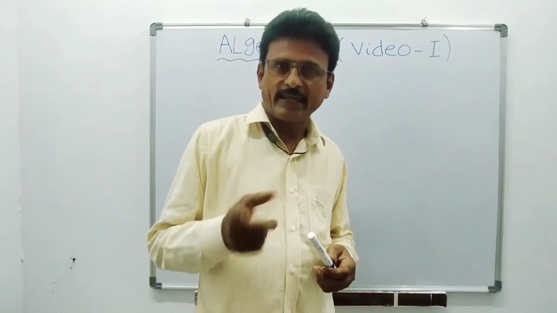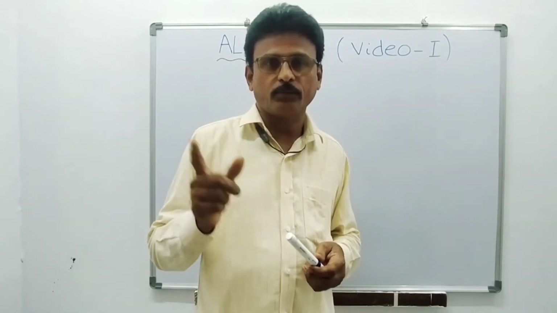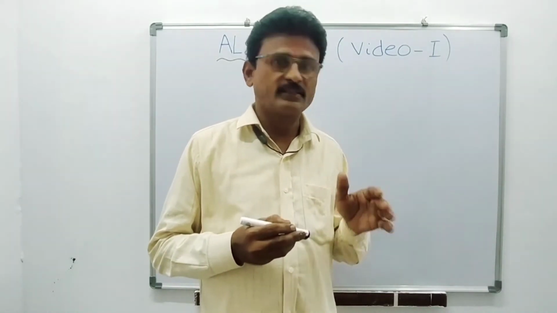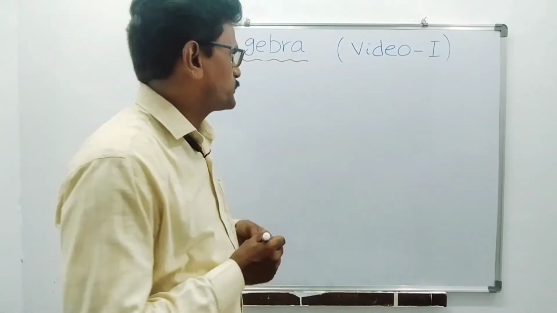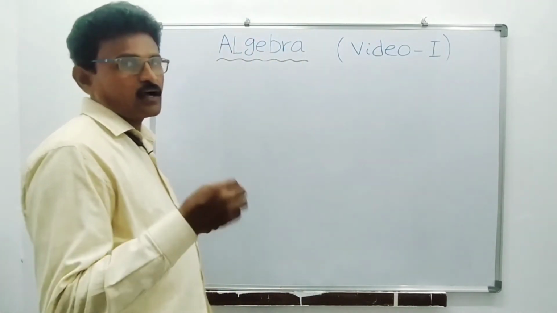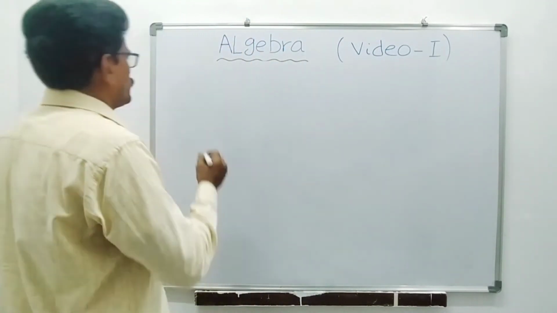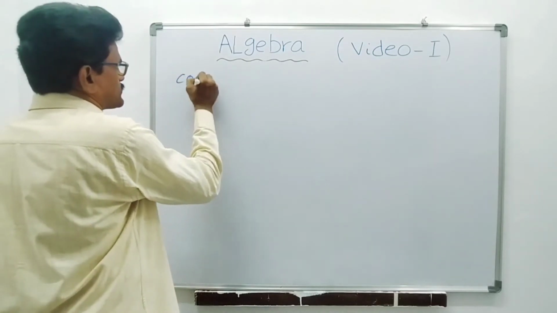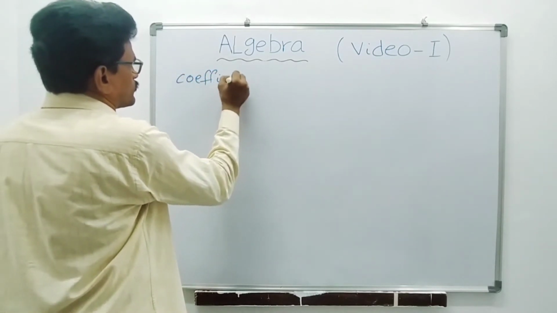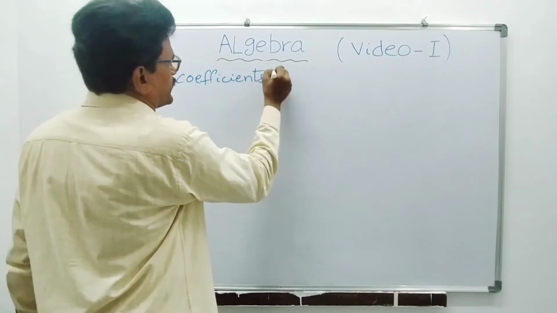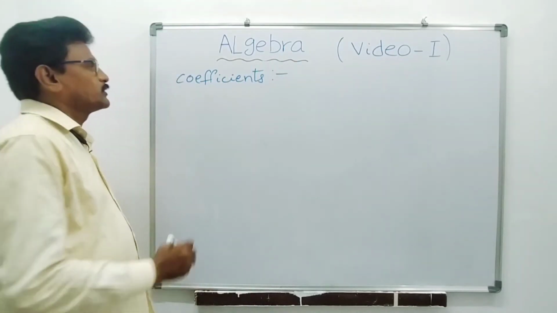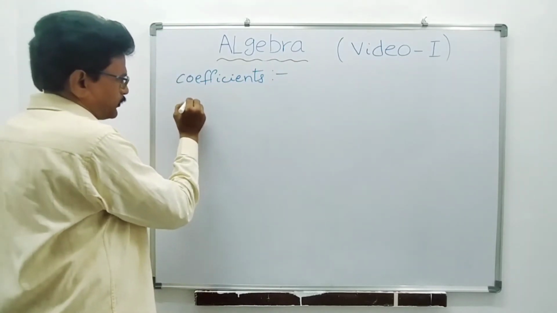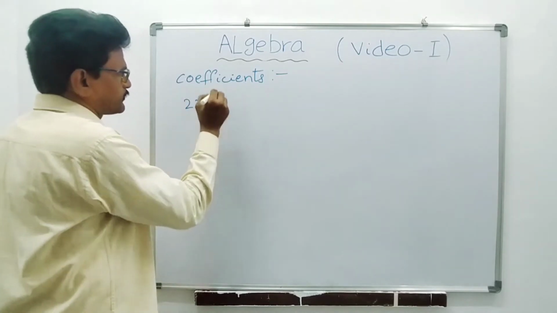Right, students, I explained about constants and variables. Constants means numbers, they are fixed values. And variables means letters, they are unknown quantities. Okay. Now we will learn about coefficients. What is the meaning of coefficient? See, we will take one example, 2xy.